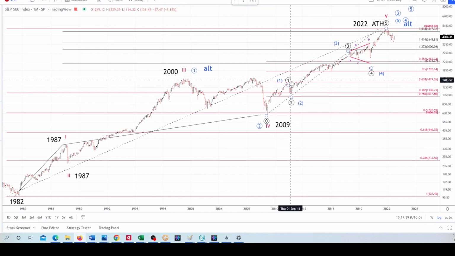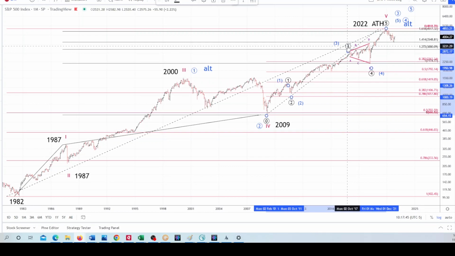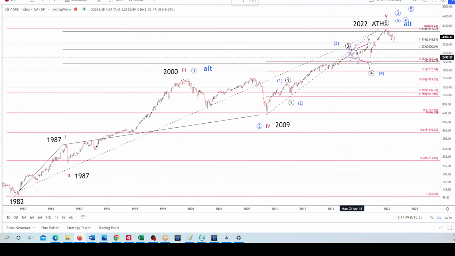So from here, we've got 1 in a circle, 1 up, 2 down, 3 up into the 2018 high, and then the expanding triangle, which we were the first to call early on in that triangle. I love expanding triangles. Anyway, we got that expanding triangle into the pandemic March 2022 low.